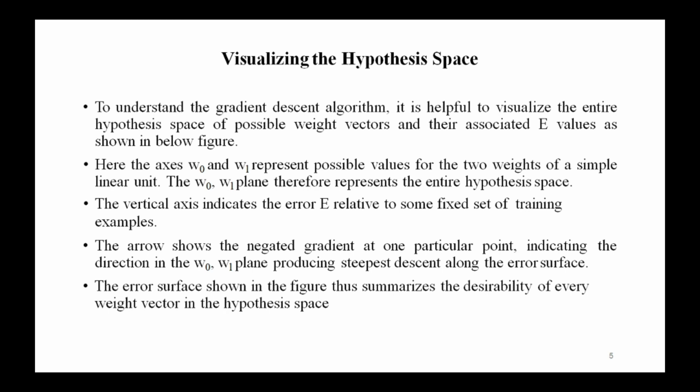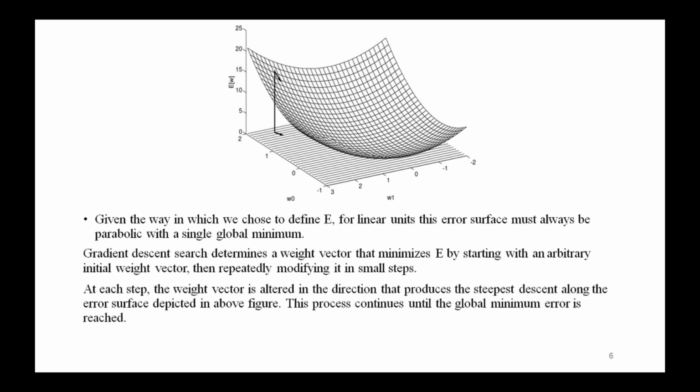To understand the gradient descent algorithm, it is very helpful to visualize the entire hypothesis space of possible weight vectors and their associated E values, that is, capital E values, as illustrated in the next figure, right? Here, as you can see in this figure, the axes W0 and W1 represent possible values for the two weights of a simple linear unit.